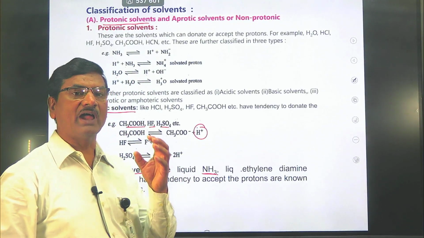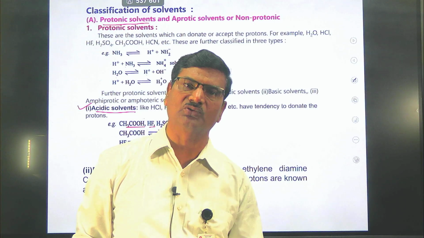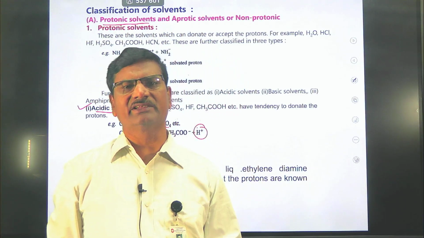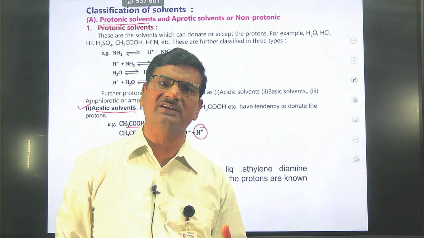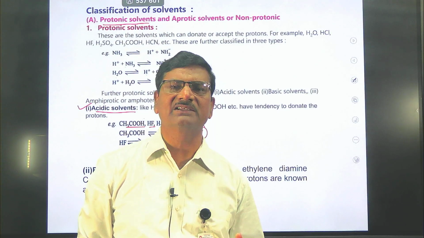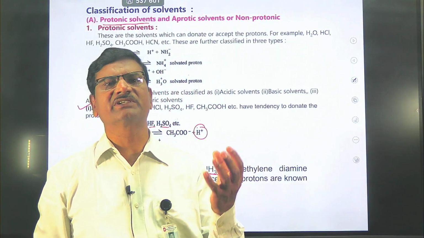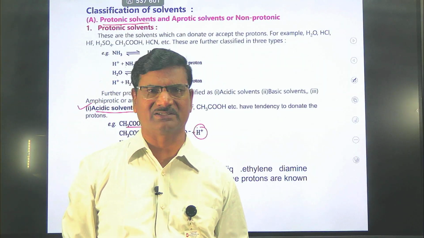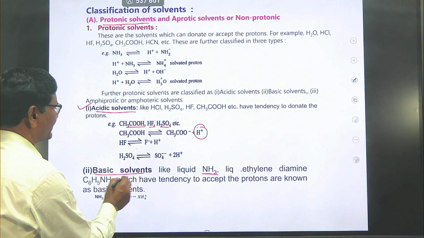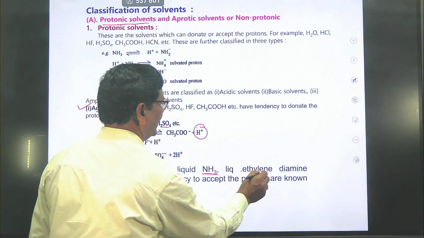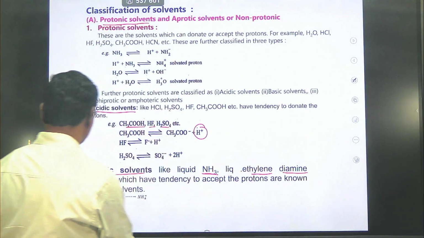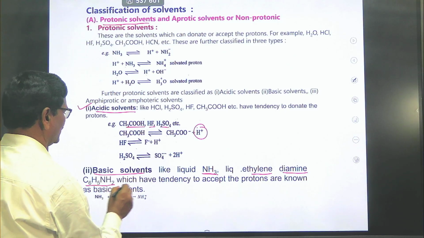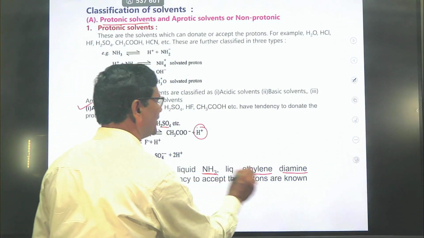It means it has the tendency to accept a proton. According to the Bronsted-Lowry concept, a base is any substance which can accept a proton. Basic solvents are like liquid ammonia, ethylenediamine, C6H5NH2, which have the tendency to accept a proton.